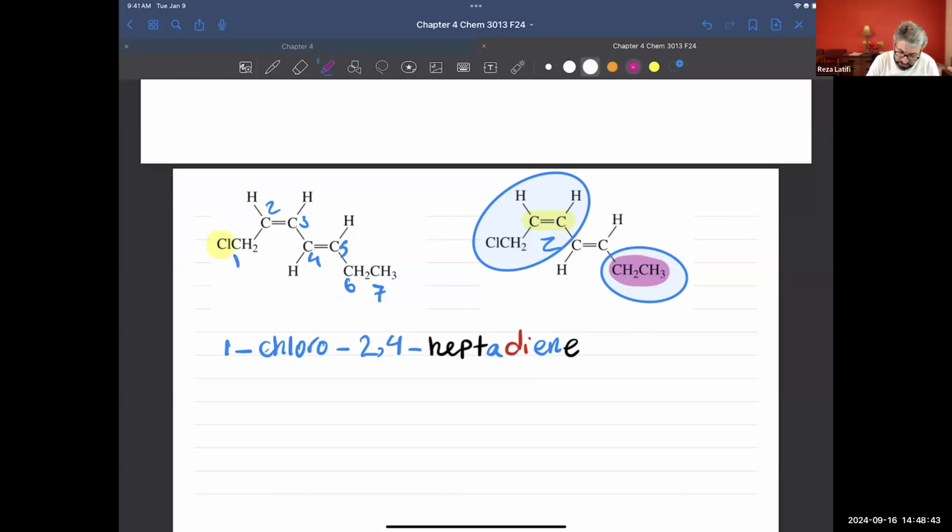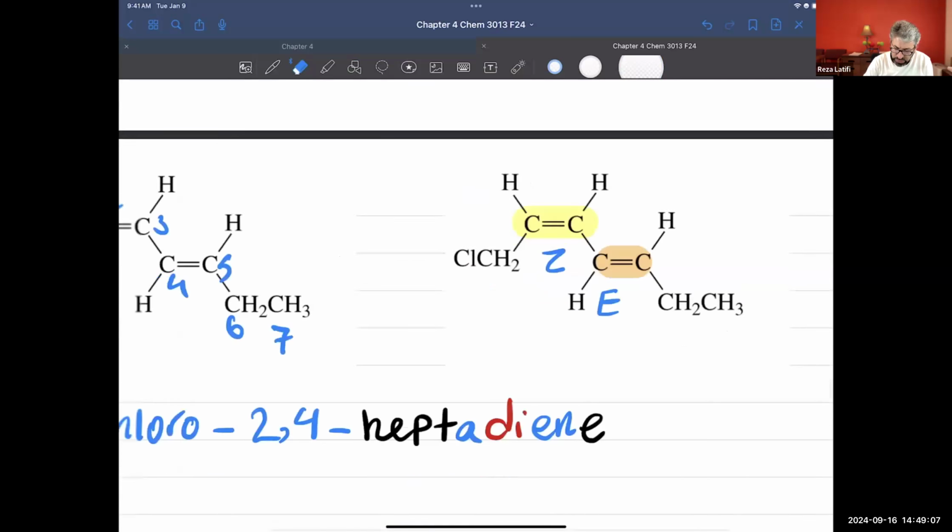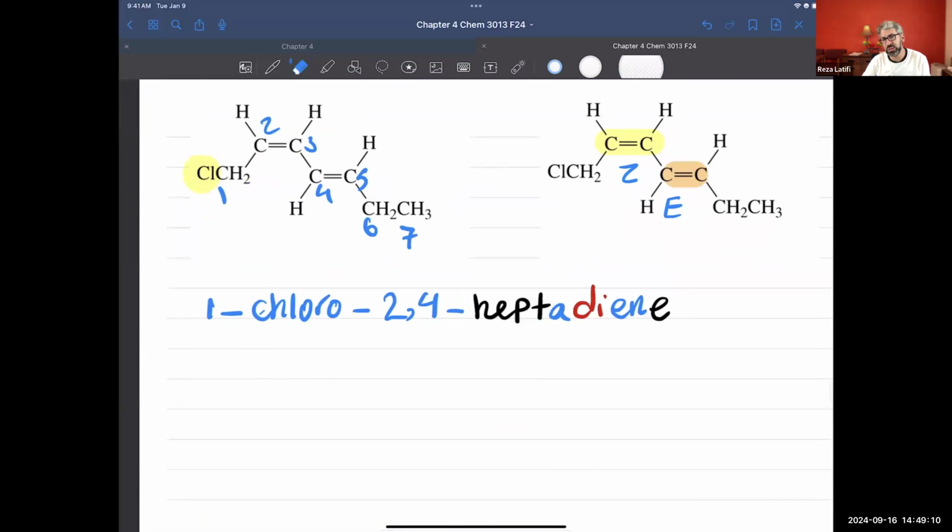We're talking about the second bond, and because the two substituents are across from each other, this one is going to give us the E isomer. So I got Z for the first one and E for the second one. Let me erase that to make it clear. So we got Z and E.